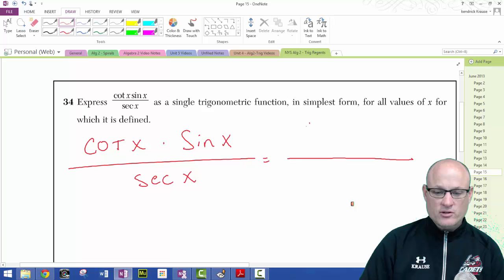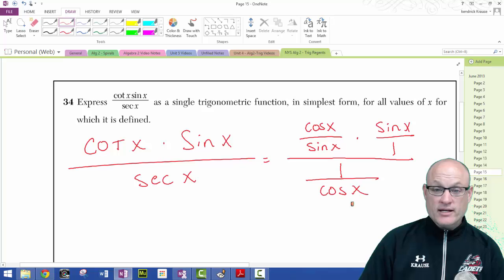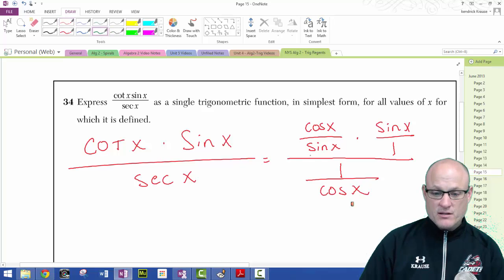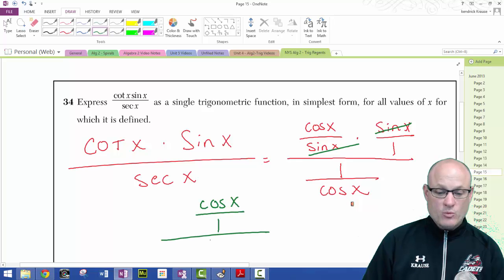So this is really cosine of x over sine of x times sine of x over 1, all over 1 over cosine of x. Well, clearly these cancel. So I'm left with cosine of x over 1 divided by 1 over cosine of x.